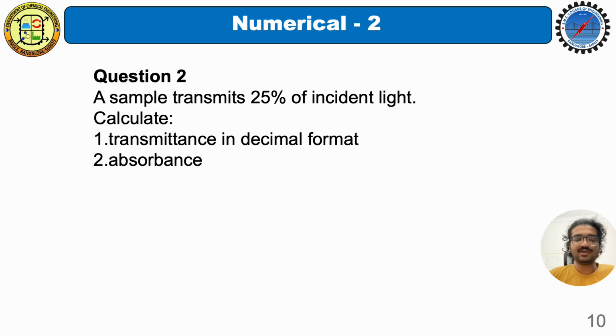For our final numerical, we have a sample that transmits 25% of incident light. So here we need to calculate the transmittance and the absorbance. To get the transmittance, it is pretty straightforward, as transmittance is basically the amount of light that passes through our sample after absorption.